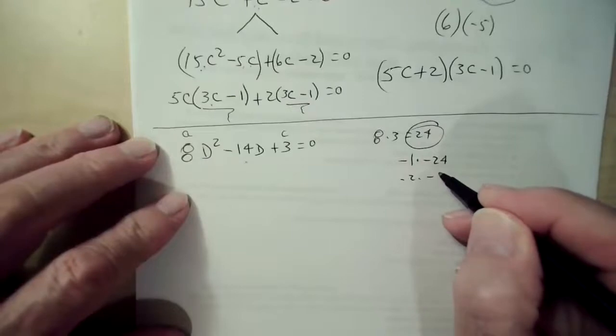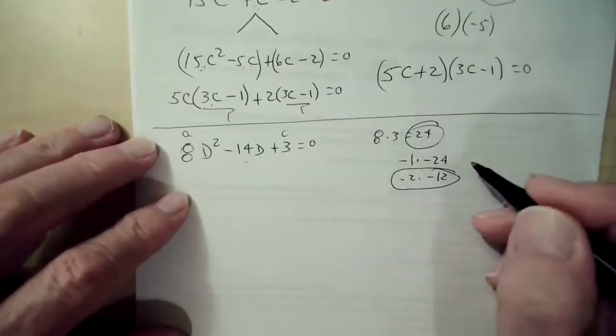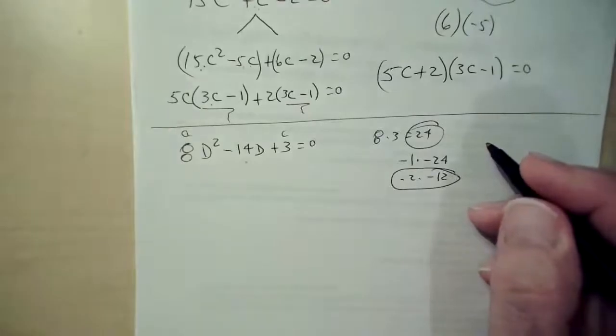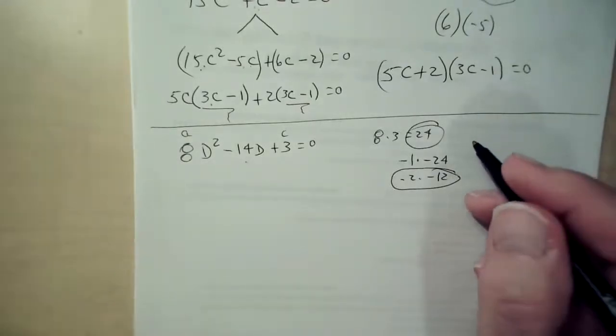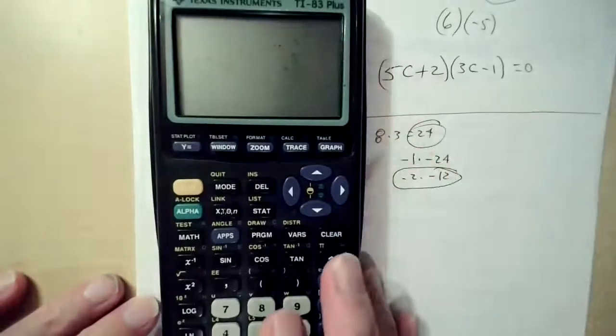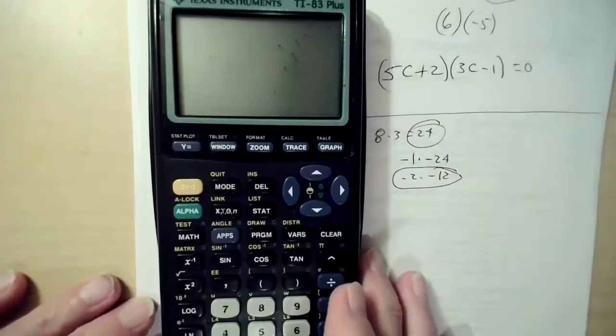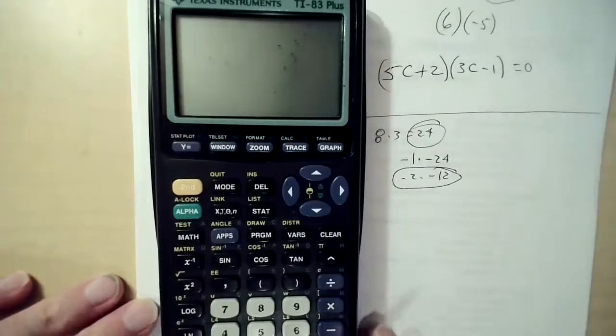No. Negative 2 times negative 12? Yes. Do y'all want to see it on the calculator again? Anybody? I need to watch it again. After summer, I have to relearn this all over again.